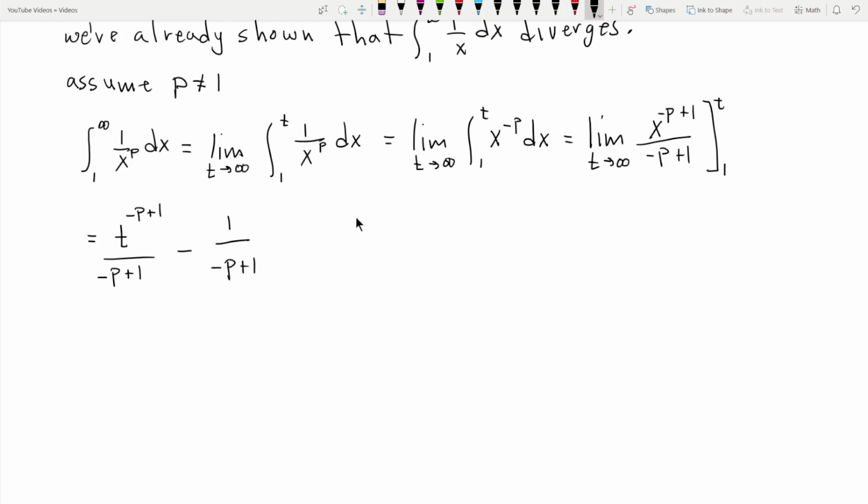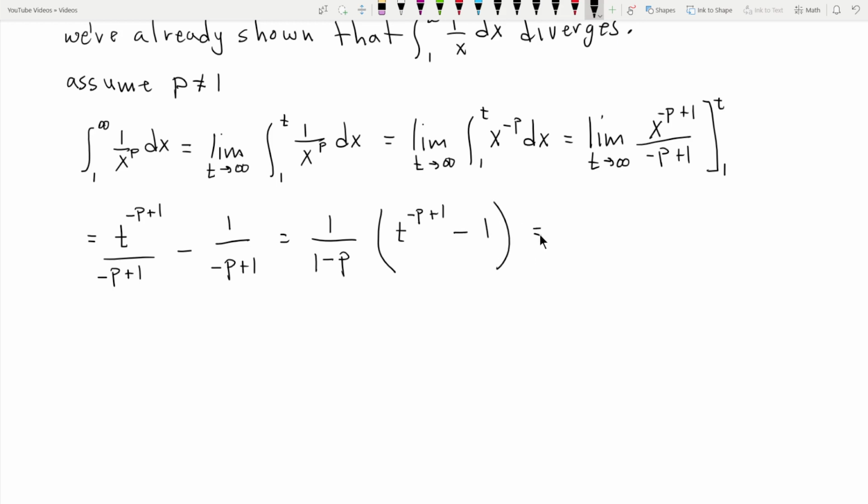Okay. So I'm going to change that to be 1 minus p in a minute because I don't like that minus sign hanging out in front. So I have a common factor there that I can pull out. All right, I can pull out 1 over 1 minus p. And then what I'm left with is, I'll do it in 2 steps, t to the minus p plus 1 minus 1.